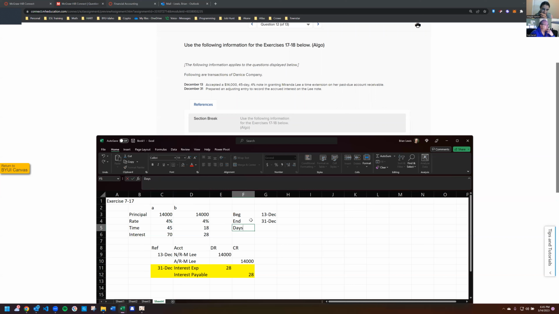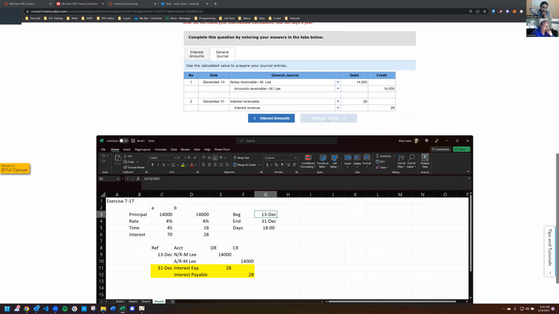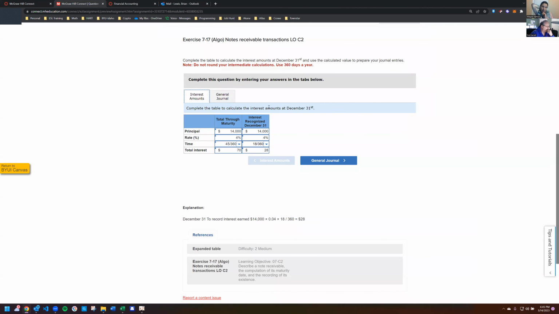And most people just calculate the days by the net, if you just take that day minus that day, you'll get 18, not inclusive of the actual day that you issued it. Okay. So that's how you come up with this other part.